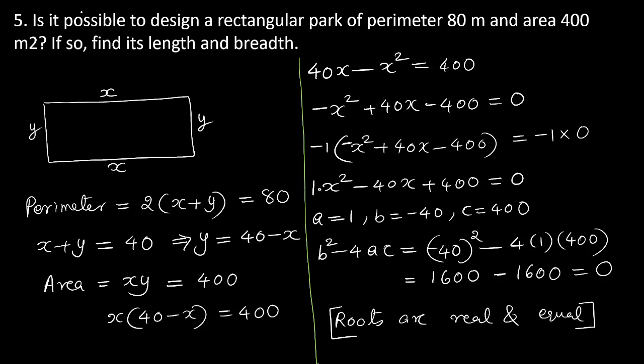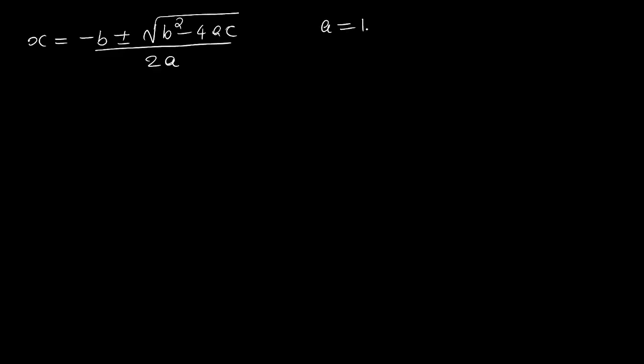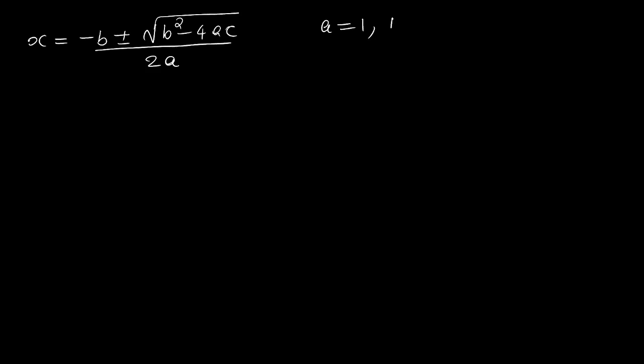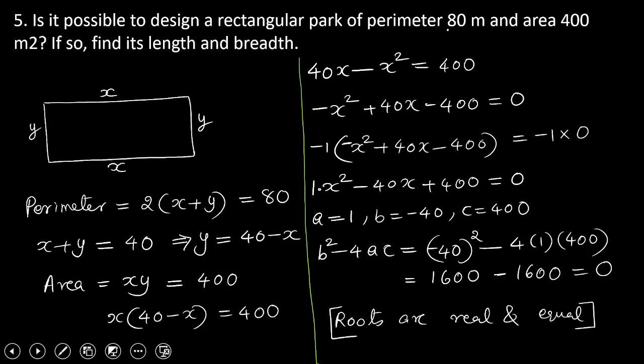I am going to find out x. So x has the formula minus b plus or minus root of b square minus 4ac, by 2a. This formula never forget. I told you a equal to 1, b equal to minus 40, and c equal to 400.